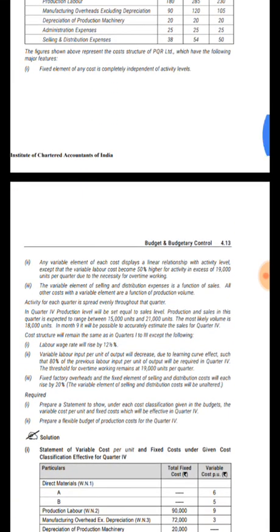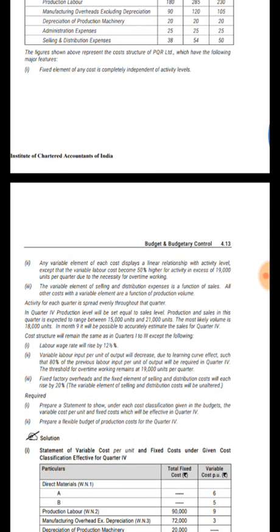See here, any variable element of each cost displays a linear relationship. Linear relationship is nothing but more units, more cost. That only is called linear relationship. But for activity in excess of 19,000 per quarter, except that the variable labor cost becomes 50% higher due to the necessity for overtime working.